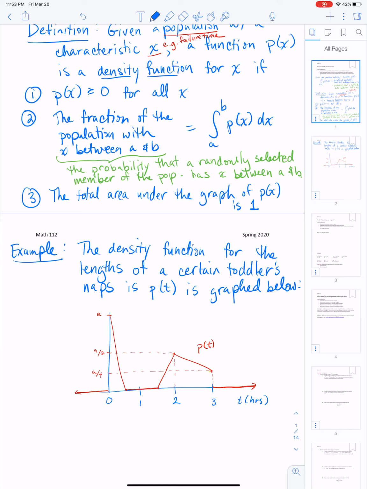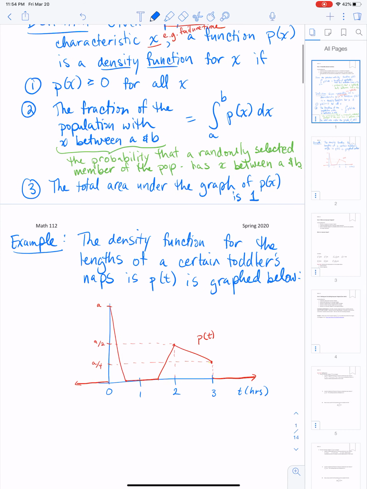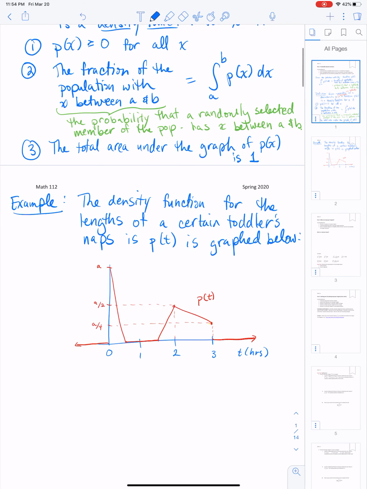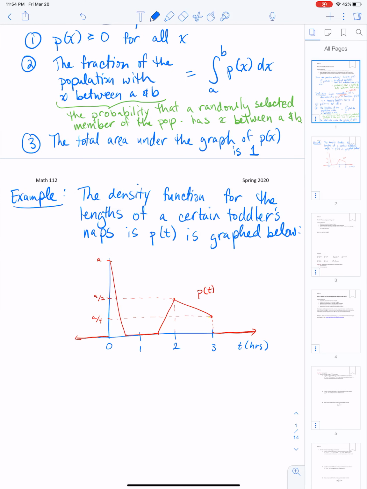So if we assume this is a density function, we know the total area of the graph of P of x is 1, and then the other fact that we know is that areas, definite integrals of this function, correspond to probabilities that a nap is within some given length.